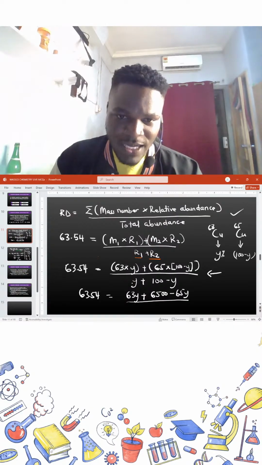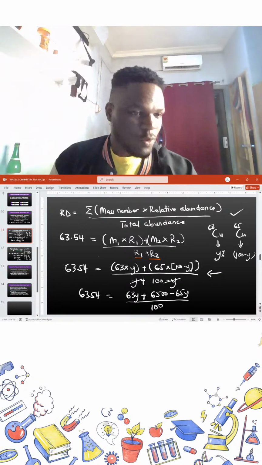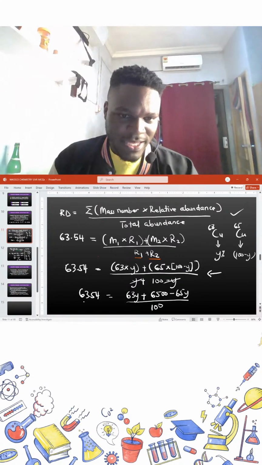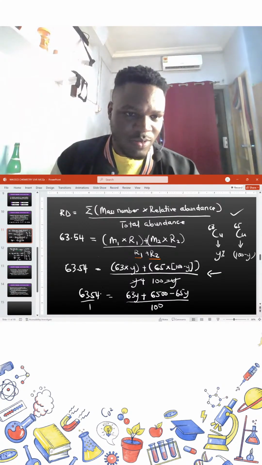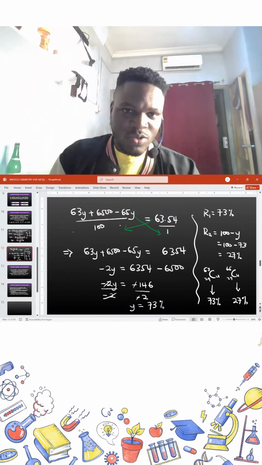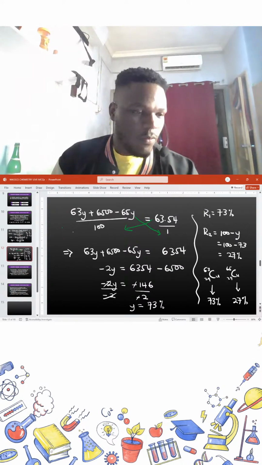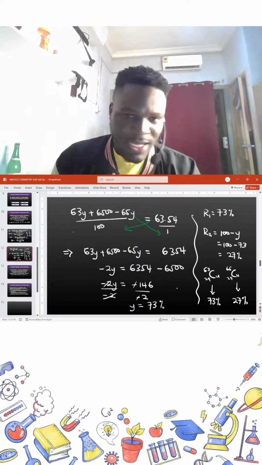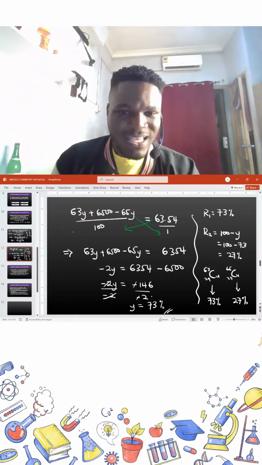All over, like I said, this already cancels this, so we only have 100 left at the bottom. And this has a denominator of 1. So as in the next slide, you just cross multiply and then solve for the value of y. In this case, the value of y that we obtain is 73%.